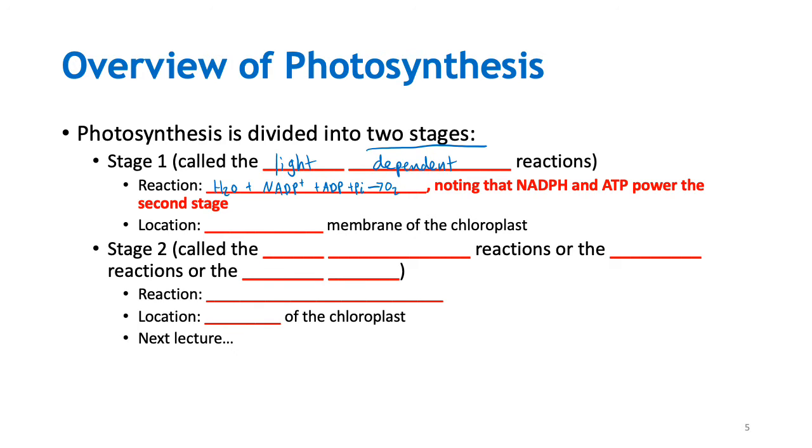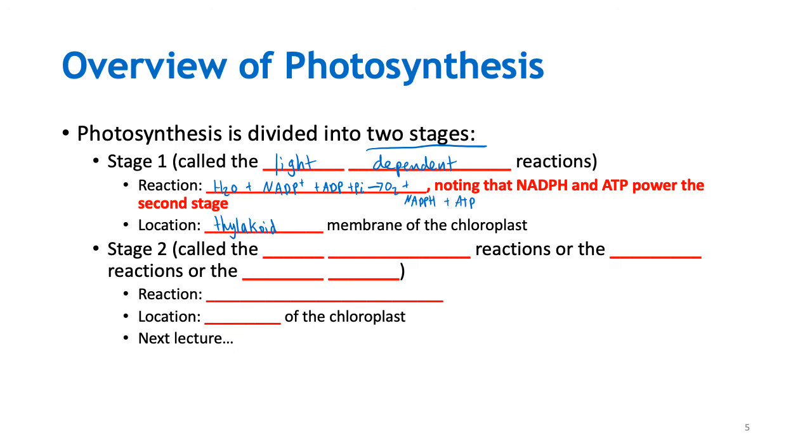You know that because we're breathing it right now and it comes from plants. You also get NADPH, the reduced form of NADP+, and some ATP. Noting that the NADPH and ATP power the second stage, and the location of stage 1 is in the thylakoid membrane of the chloroplast.